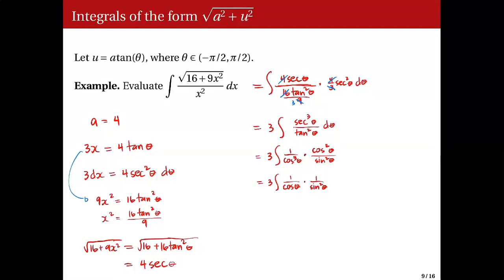Of course, there should be a d theta. So we rewrite this as 3 integral of 1 over cosine theta, that's secant theta, and then 1 over sine squared theta, that's cosecant squared, d theta.